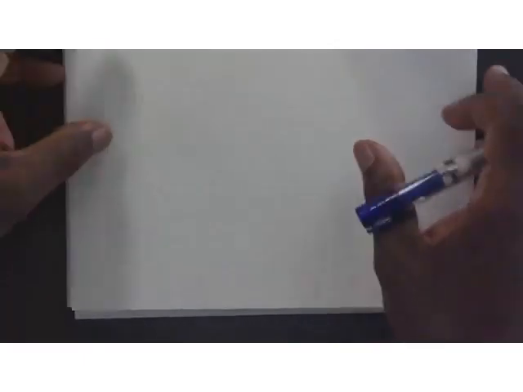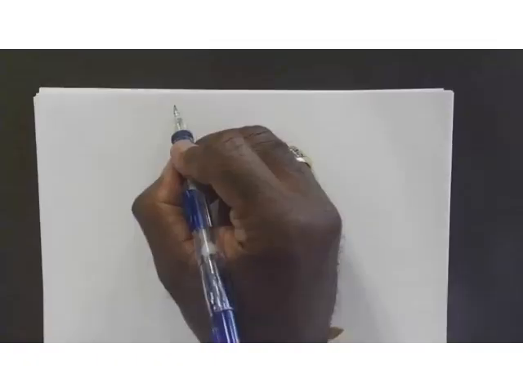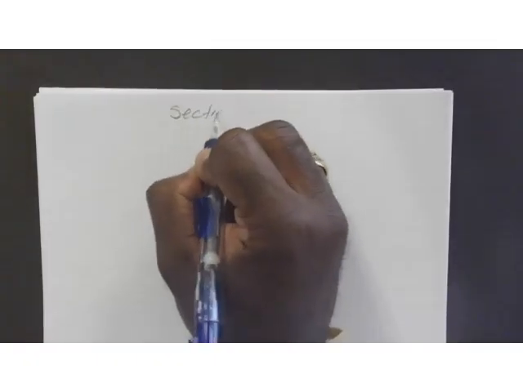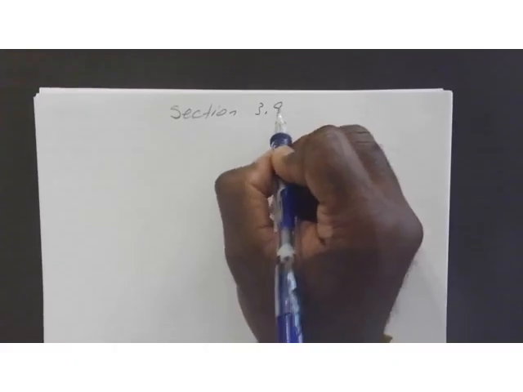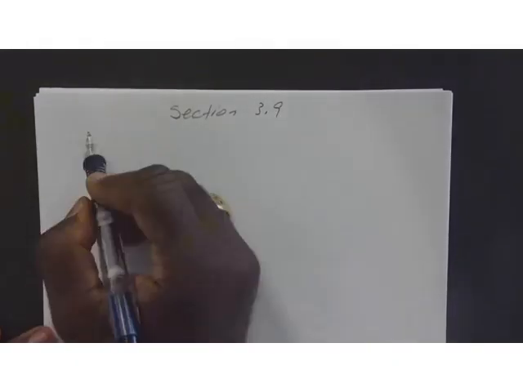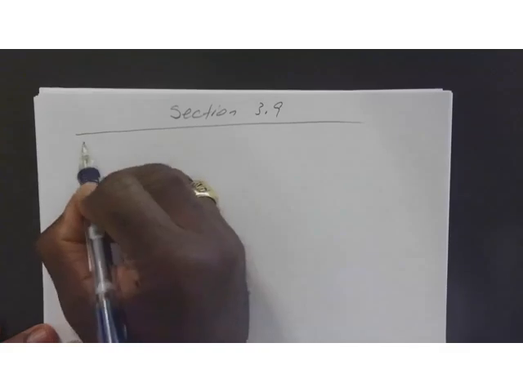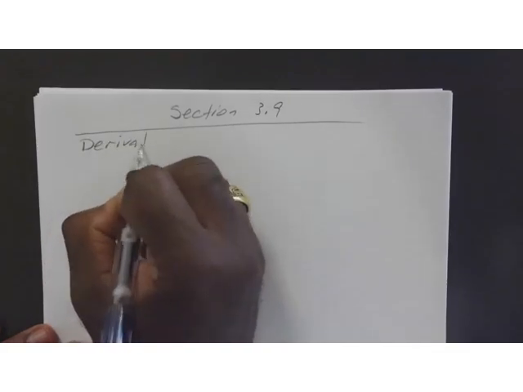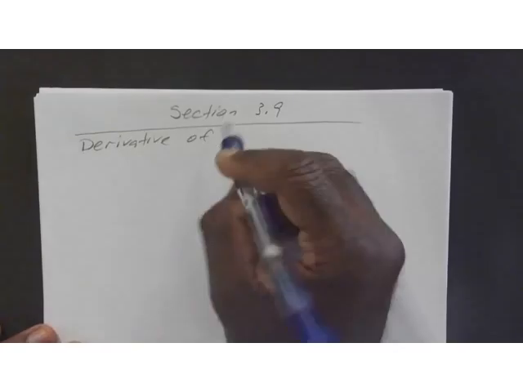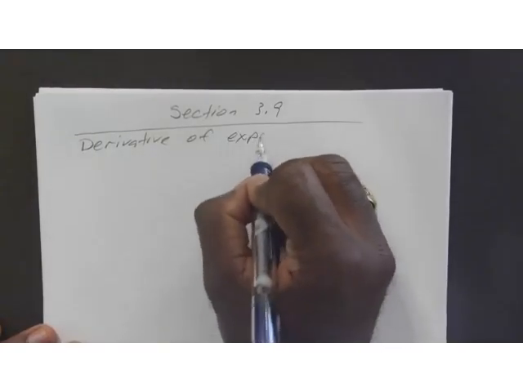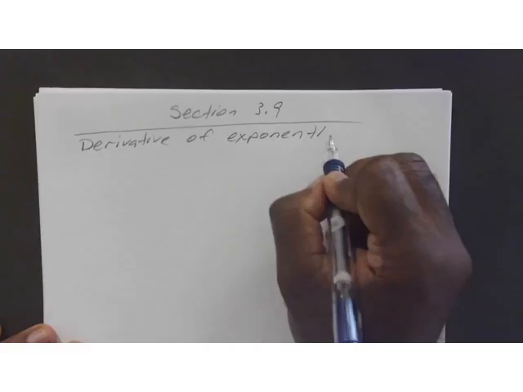Okay, so now we're going to start on section 3.9. Which covers the derivative of exponential and logarithmic functions.